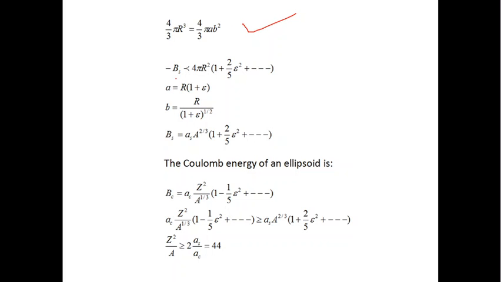Now the binding energy term, we don't have to derive it, you can see it in any textbook. The surface energy is now going to be directly proportional to 4 pi r square for the sphere. Now you can see this additional term here. Epsilon is the eccentricity.